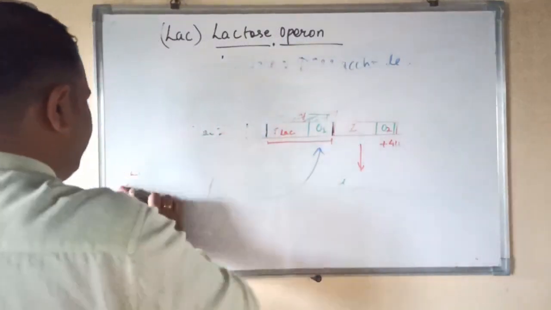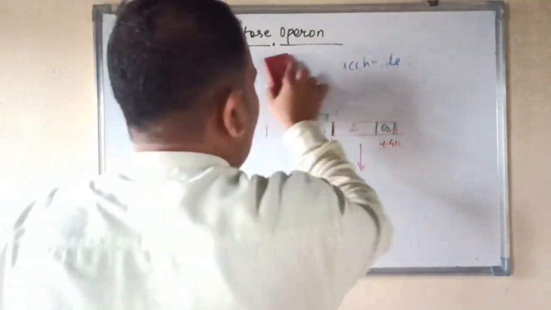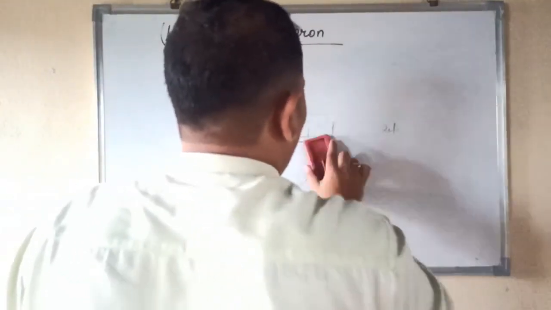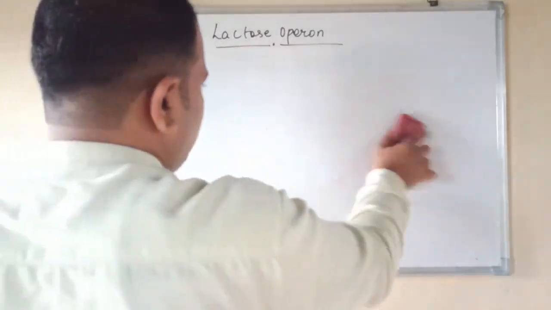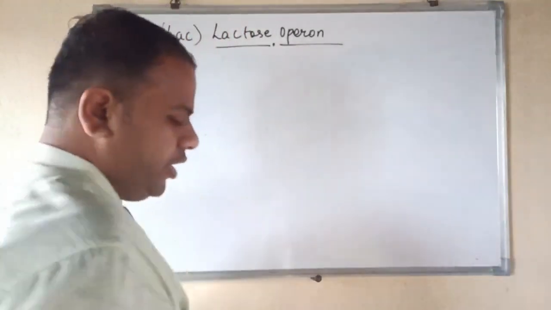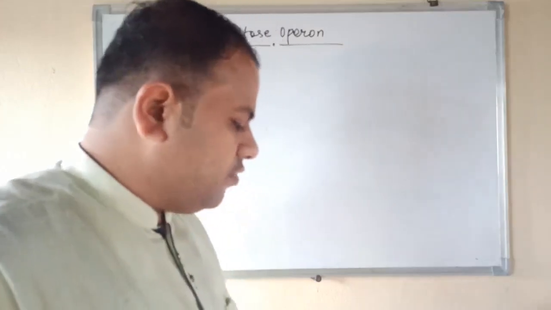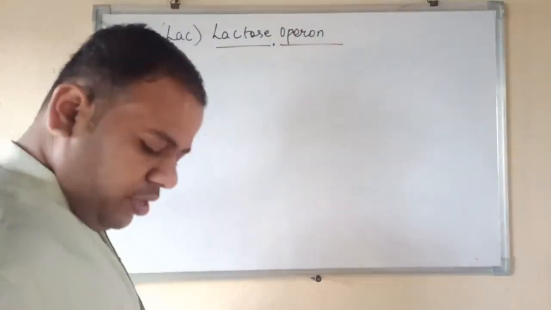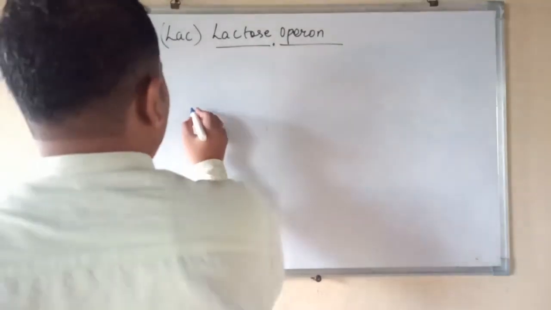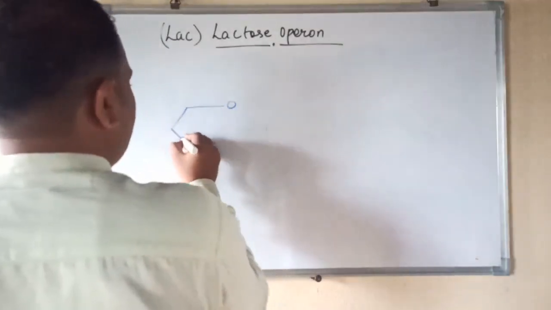What is the difference between the lactose structure and allolactose structure? The lactose structure I have already shown you in this video earlier. So now I am going to draw the structure of allolactose, so that you can understand how lactose is converted into allolactose, and this allolactose is used as an energy source. Okay, so let me first draw the structure.